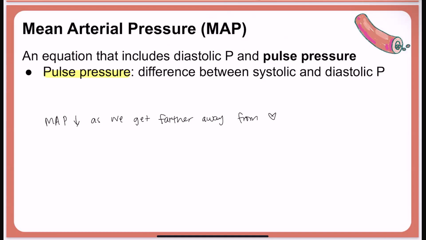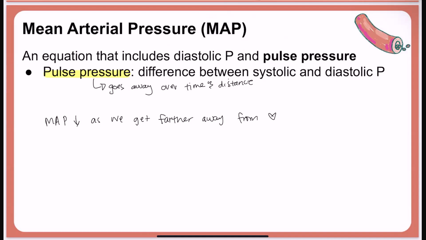So MAP will decrease, decrease, decrease, and then, well, that's a whole other lecture that we'll talk about. And pulse pressure, especially, goes away over time, and it goes away over distance. So in a vein, for example, on the tail end of that systemic circulation, we don't really have a pulse pressure. It kind of goes away.